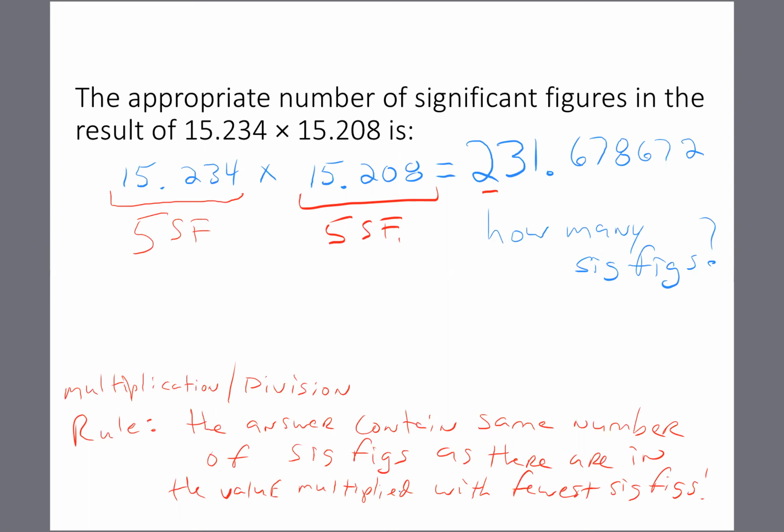So we'll keep this one, this one, this one, and this one. And then I get to the 7 right here, and that's where I have to start making a decision. I note that the next number is an 8, which is almost, close to 0.68, right? So I'm going to round that up to 231.68.